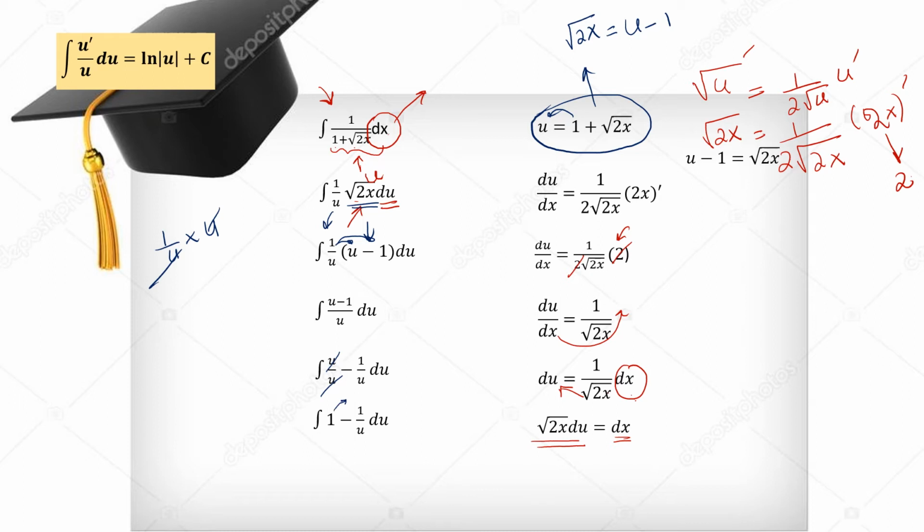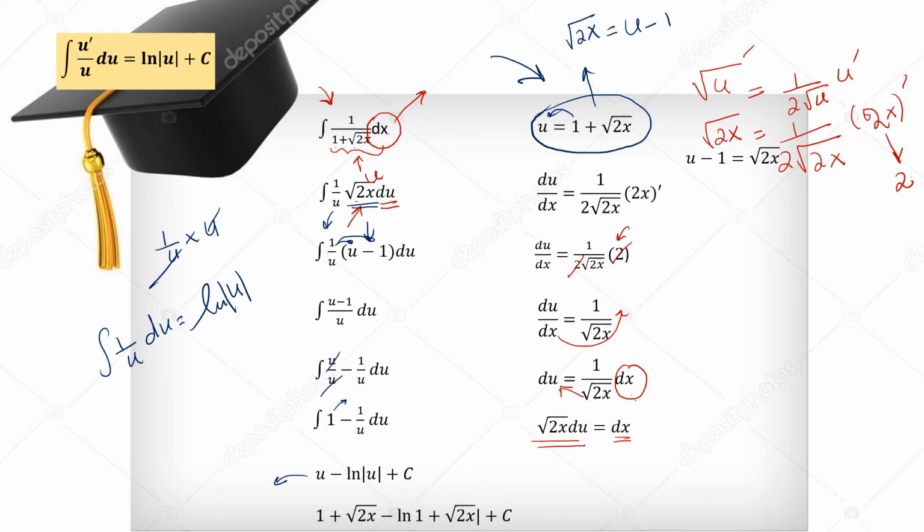And the antiderivative of 1 over u du is ln of absolute u, plus c, because it is an indefinite integral. Now convert the u into what we supposed in the beginning, that is 1 plus square root 2x. In place of every u, write 1 plus square root 2x, and that's all.